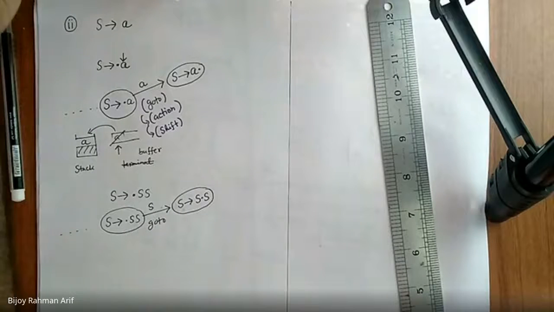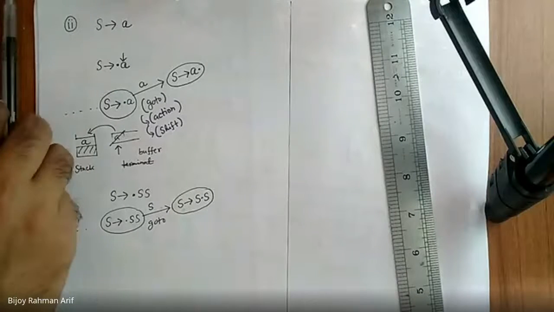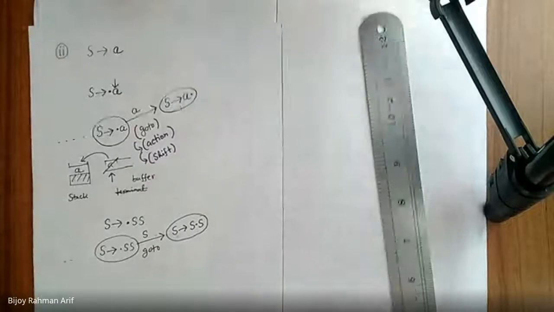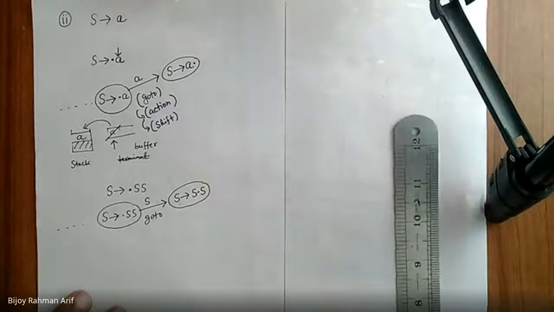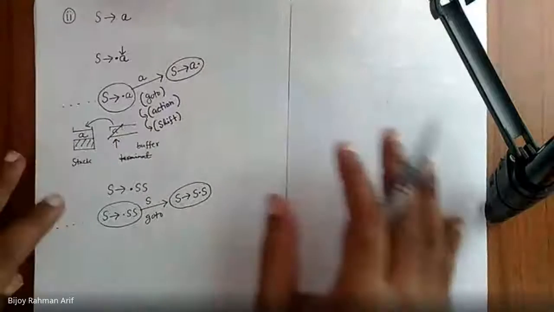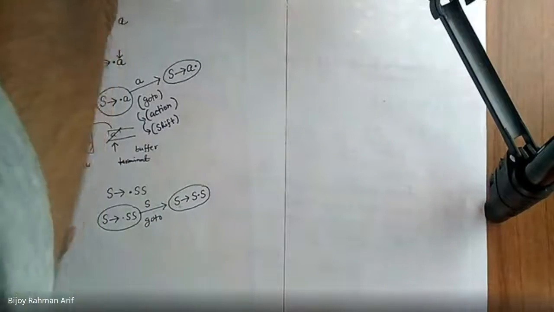If you have any query, you can ask. No query? So I'm going to give you an example. Now everything will become very clear. Let's take this very simple grammar.